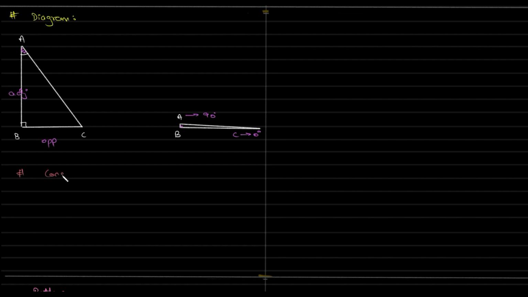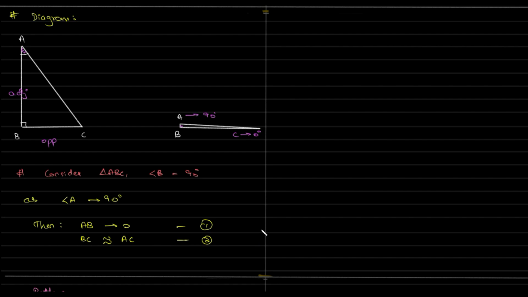Consider triangle ABC with angle B being equal to 90 degree. Then we can tell, as angle A tends towards 90 degree, right? Then AB will tend towards 0. BC will be approximately the same as AC, the hypotenuse. We'll call this 1 and 2, same thing.